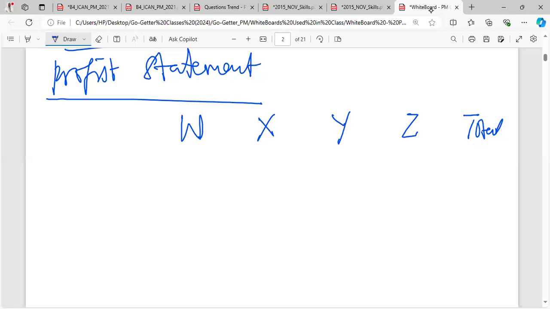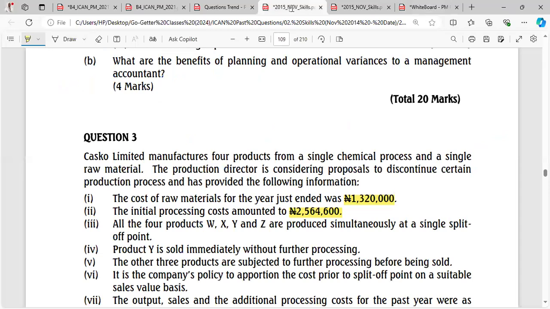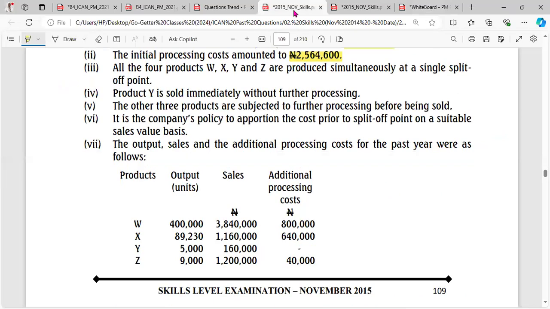We are told that the units produced, output, look at the quantity produced: 400, 89,230.